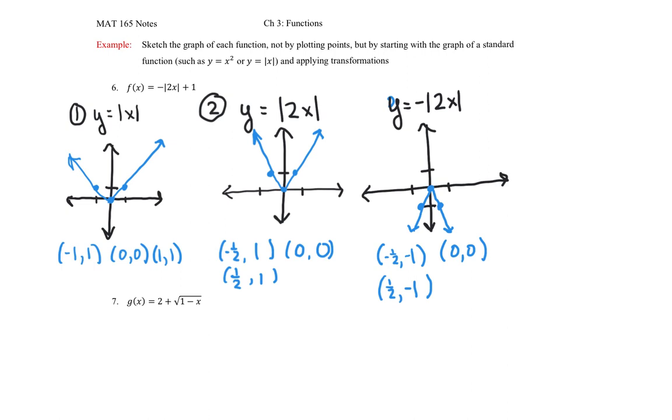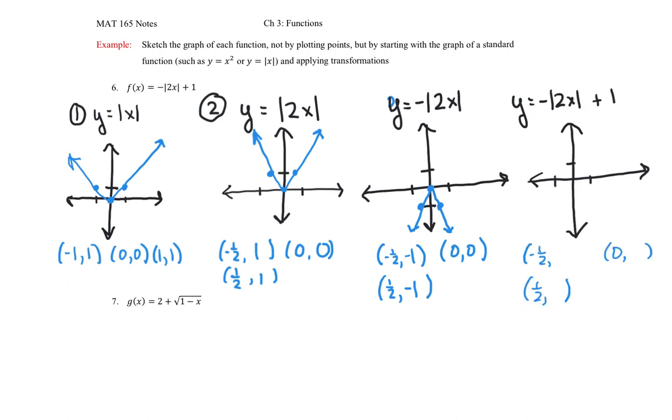And then let's take the very last step. We're going to add 1 to our function so far. And that is going to be a shift 1 unit upward. So once again, we're going to take our points and add 1 to all of the y values.